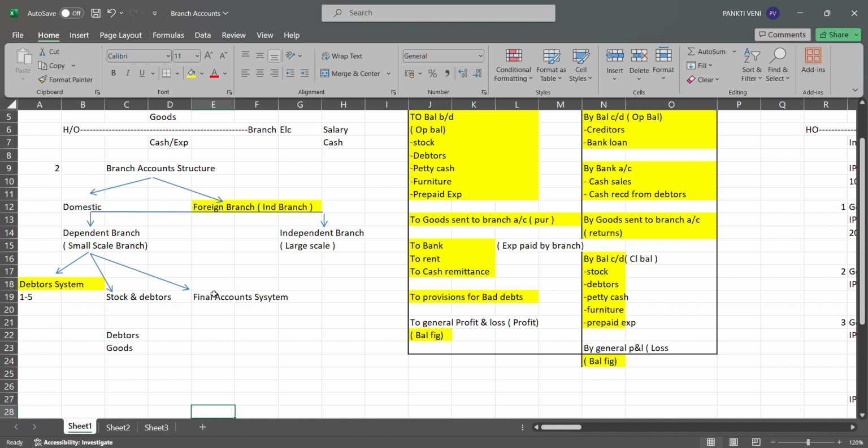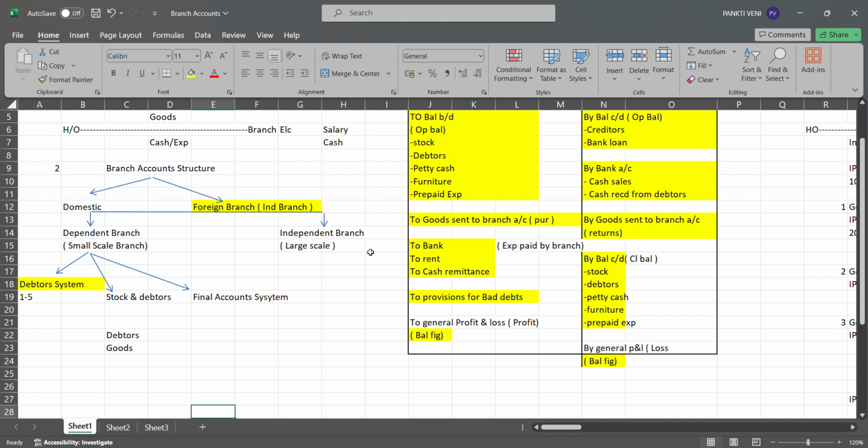Then we have dependent branch and independent branch. Further classification: a domestic branch is further classified as dependent branch and independent branch. A dependent branch is a small scale branch and an independent branch is a large scale branch. For a dependent branch, we have the debtors system, the stock and debtors system, and the final account system.